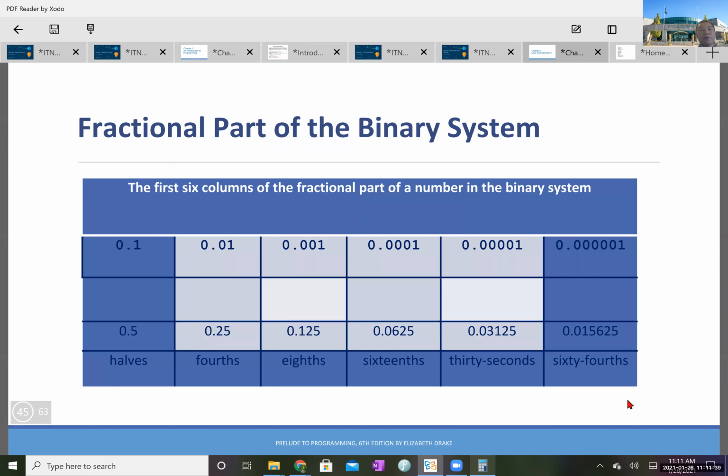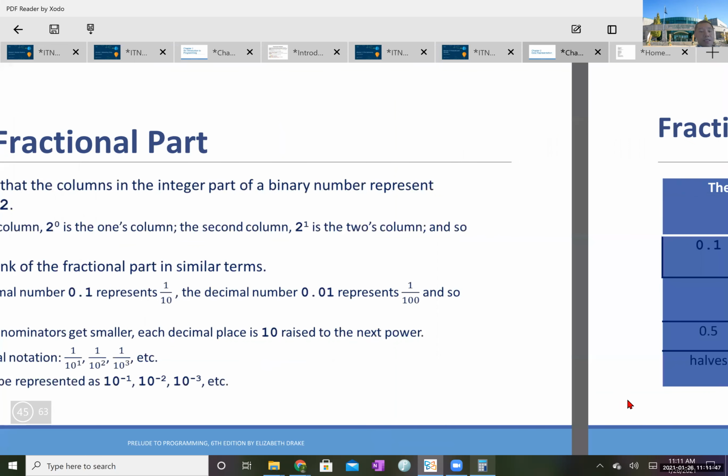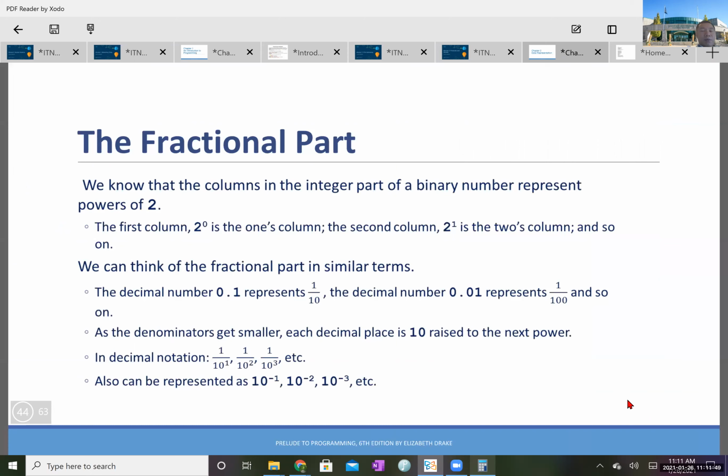Okay, so now if you are working with the fractional part of a decimal number, you see you have a lot of columns, right? We have column 1, 10 raised to 0, 10 raised to 1, 10 raised to 2, and so on.